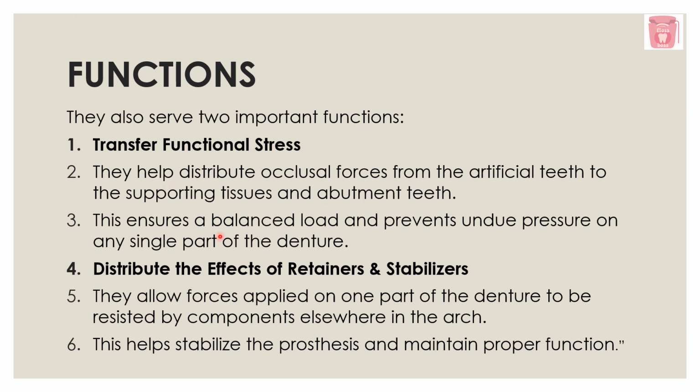Okay. The second, to ensure a balanced load and prevent undue pressure on a single part of the denture, means that whatever you are chewing, those chewing forces are balanced out, spread out on the whole of your denture.